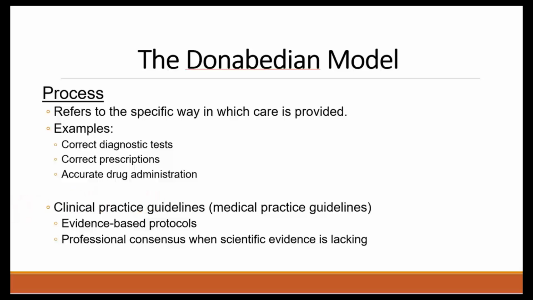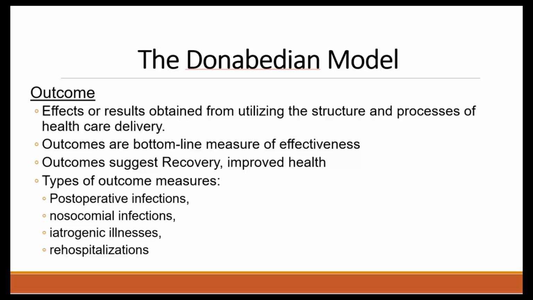Now next, I'm going to briefly cover outcomes, which are on slide 81. And outcomes refer to the effects or final results obtained from utilizing the structure and processes of healthcare delivery. So positive outcomes suggest recovery from disease and improvement in health.